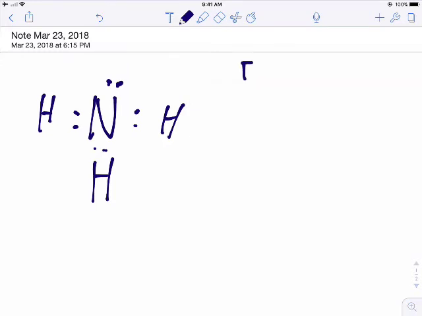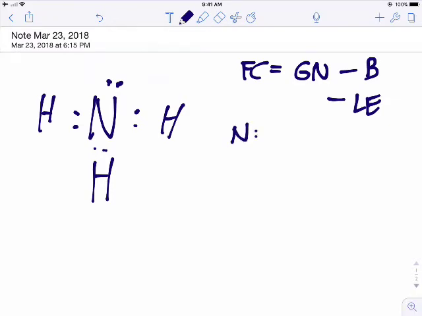So let's go through and calculate formal charge. Remember, formal charge is going to be group number, or number of valence electrons, minus the number of bonds, minus the number of lone electrons. Okay? So nitrogen is group number 5.